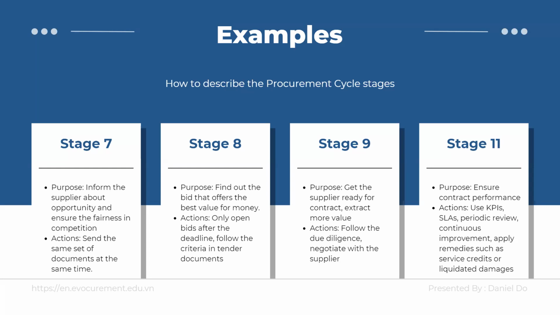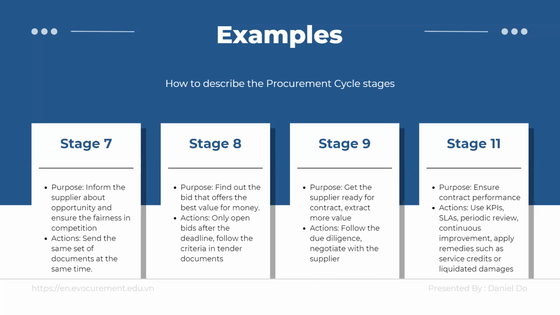But you need to follow some standards, like sending the same set of documents at the same time to every supplier, so that they feel they are treated equally and there's no favoritism for any supplier. Stage number 8 is bid and tender evaluation and validation.